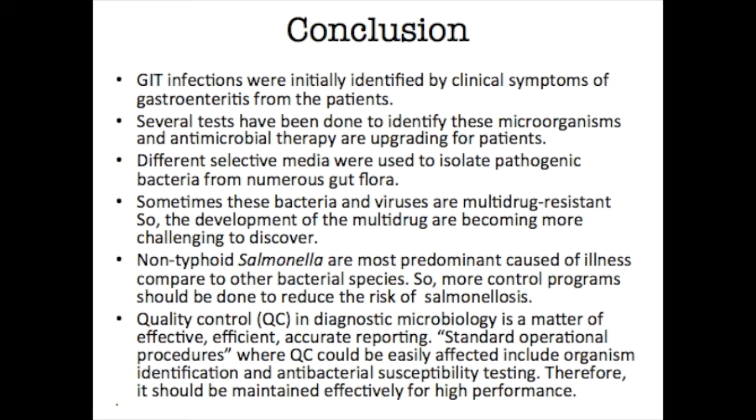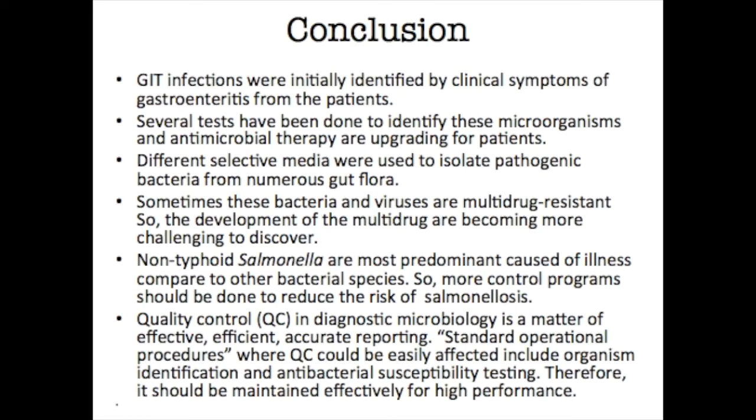In conclusion, the clinical symptoms are the initial identification for gastroenteritis in patients. Different selective media were used to isolate pathogenic bacteria from numerous gut flora. Sometimes these bacteria and viruses are multi-drug resistant, so developing new drugs is becoming more challenging.